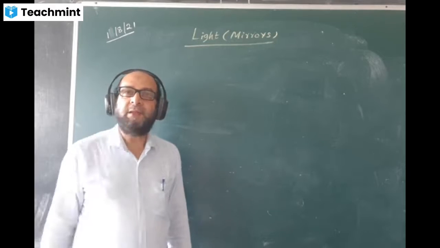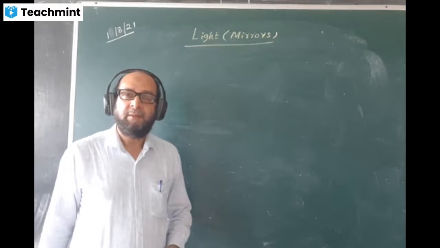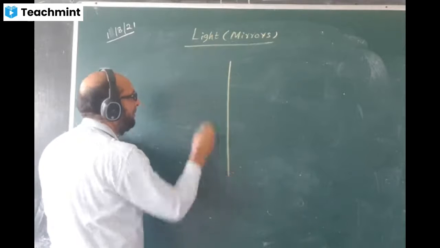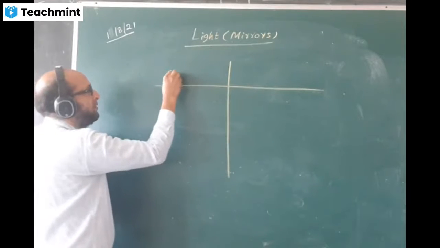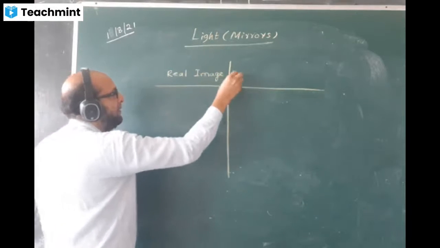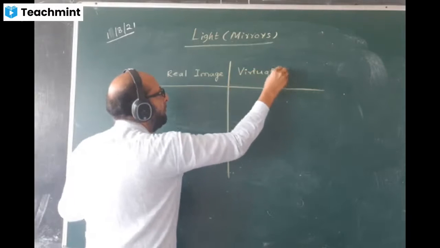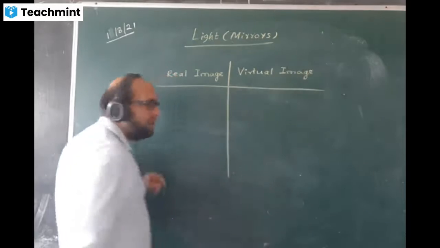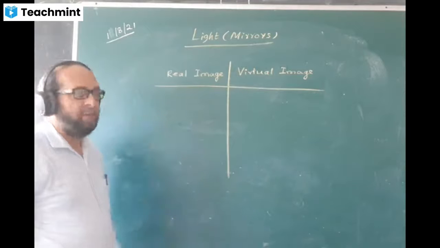There are two types of images, real image and virtual image. So you can write the point of differences between them. Write down real image here, and here you will be writing virtual image.